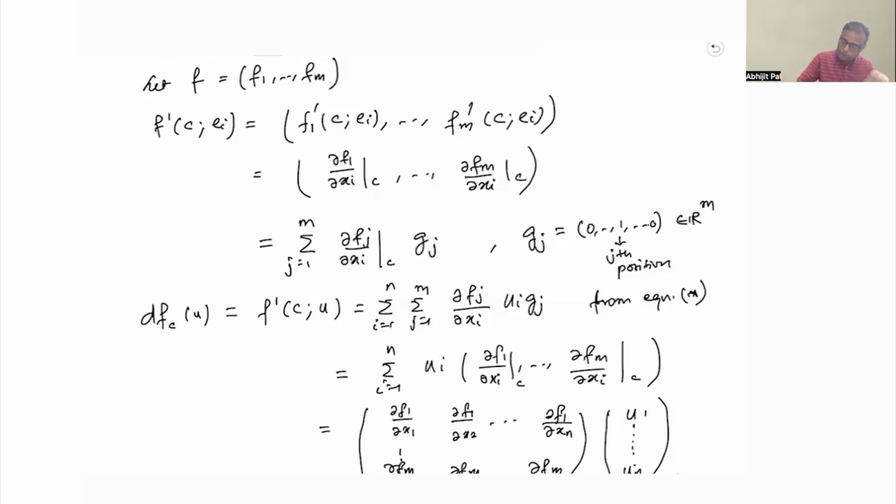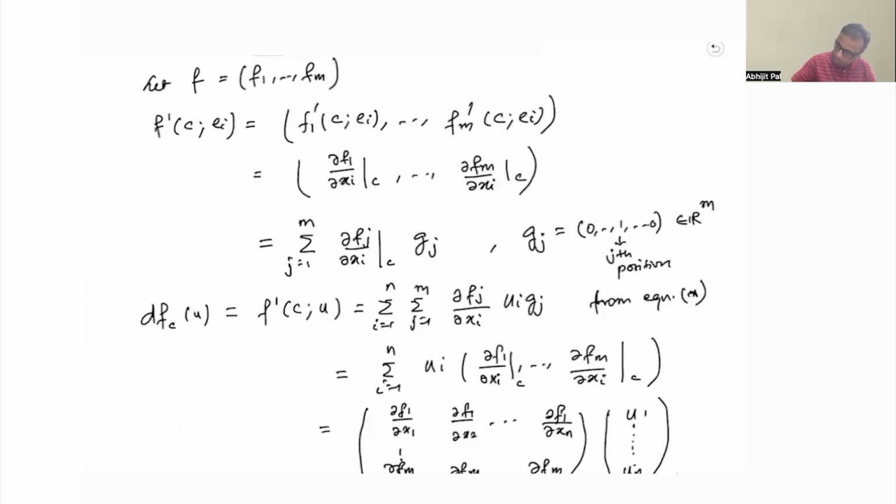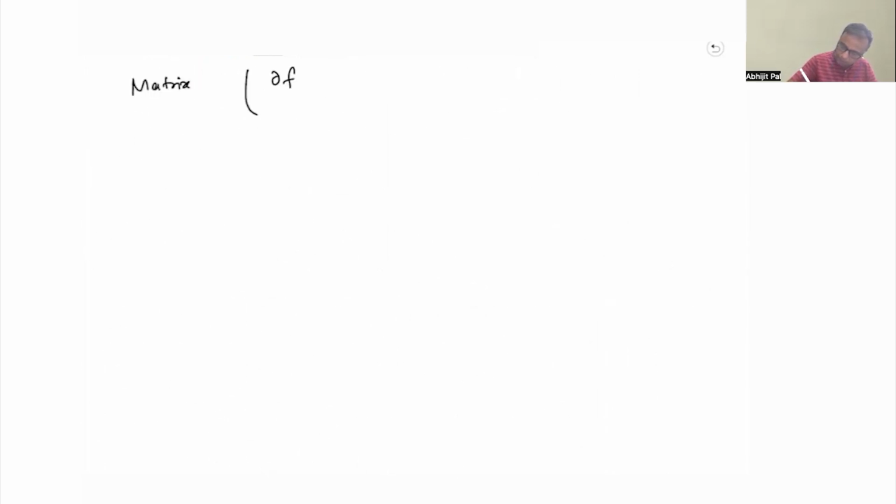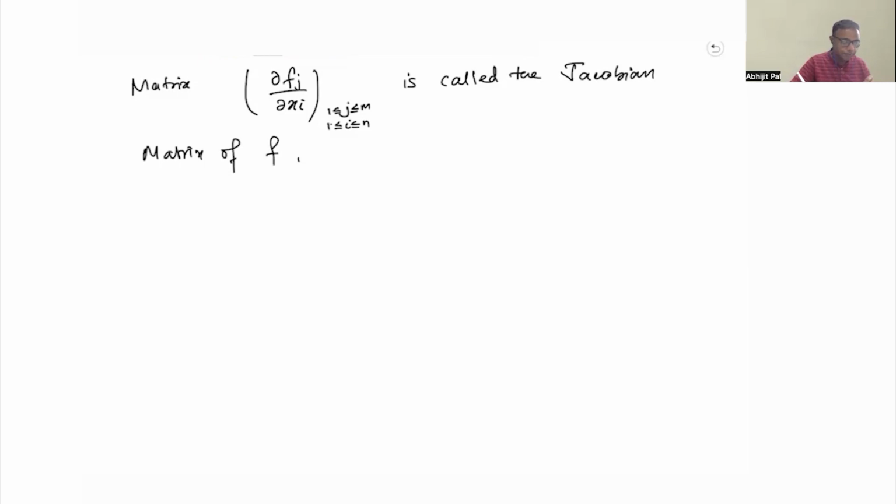This matrix del f, of order m cross n, is called the Jacobian matrix of f.